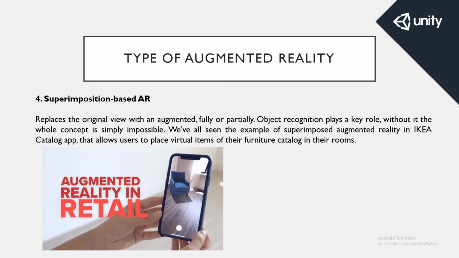This is superimposition, which replaces the original view with an augmented one, fully or partially. For example, in the IKEA app, we want to buy a chair, and we can drag the chair anywhere we want. It allows the user to place a virtual item from their furniture catalog in their room.